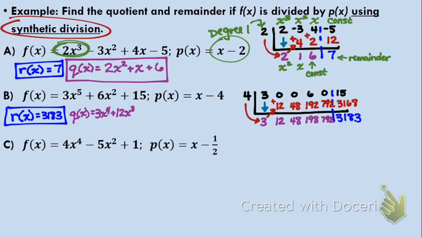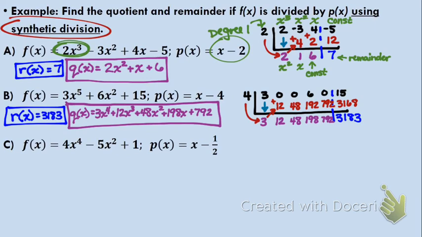So 3x to the 4th plus 12x cubed plus 48x squared plus 198x plus 792. Beautiful.